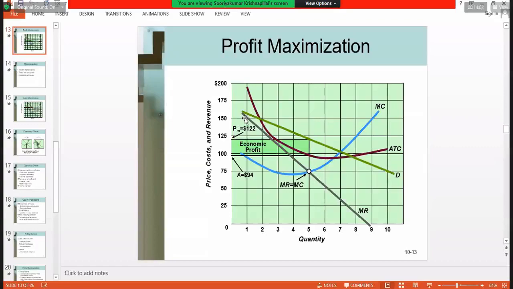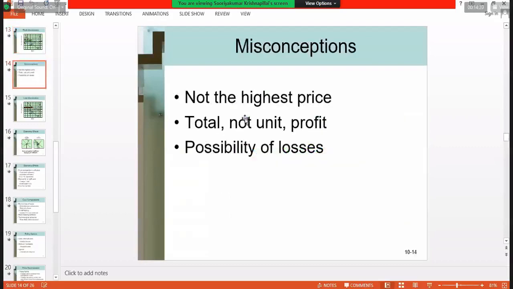But at 122, that level of output can give higher profit. So that is a misconception. We should not think that because he is the only producer, if he sets a higher price, he will get higher profit. There is a price that gives the maximum profit.